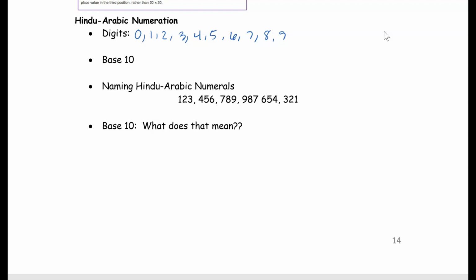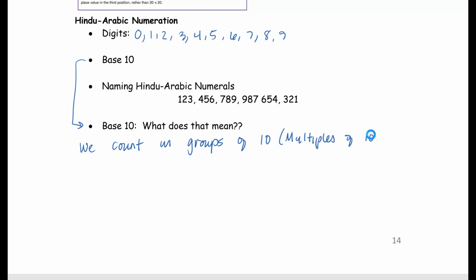So we call it a base 10 system. Why? That's what this question down here is asking. The reason we call it base 10 is because we count in groups of 10, or multiples of 10 often. For example, let's say we have the number 537.